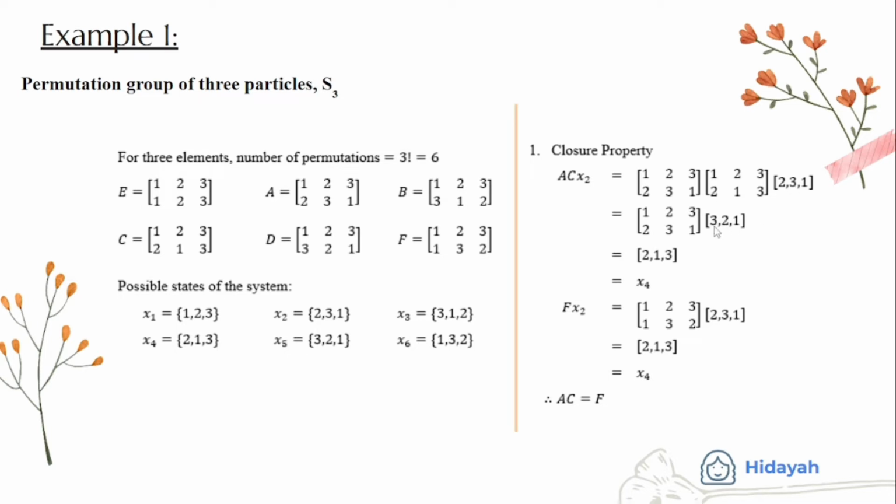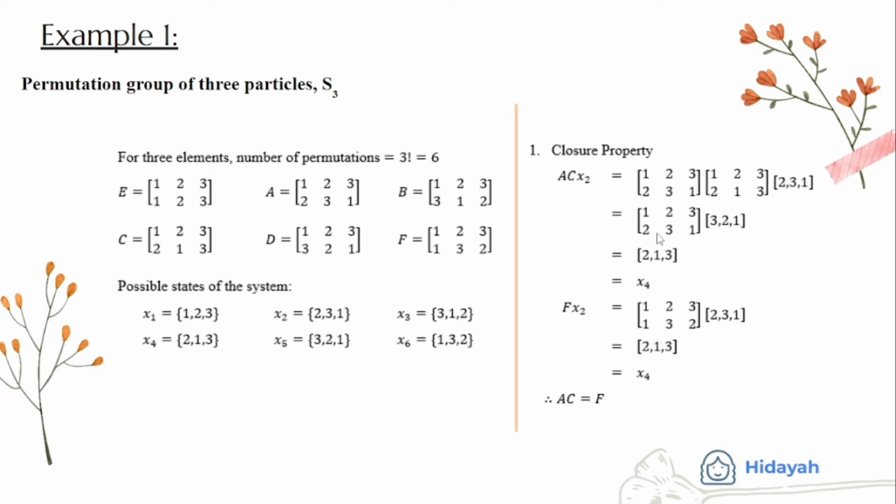It is 3. So this is 3. Then the second element by the first element. What is the first element? It is 2. So this is 2. Then the third element by the third element. What is the third element? It is 1. So this is 1. So 3, 2, 1, and this is a.